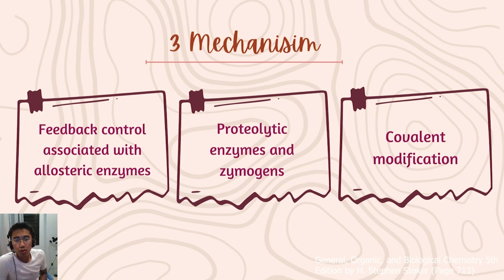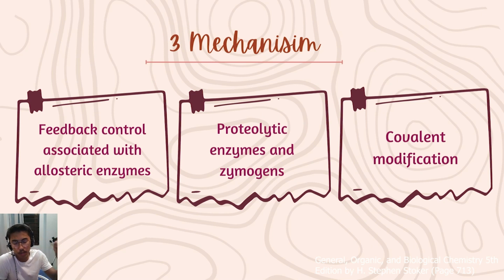Number two is proteolytic enzymes and zymogens. I think you can find these in the form of fibrinogen turning into fibrin, or plasminogen turning into plasmin. So these enzymes are really just precursor enzymes that turn into full mature enzymes.